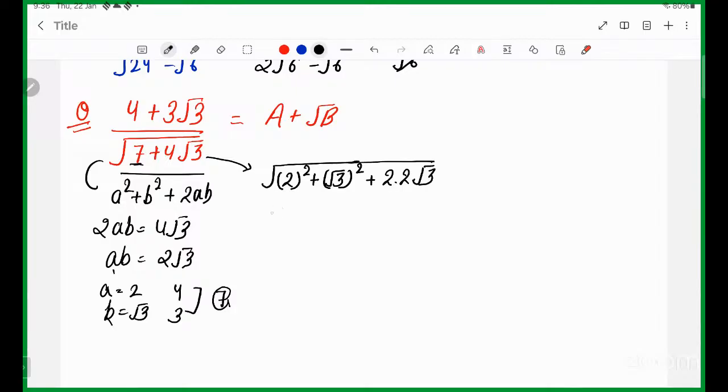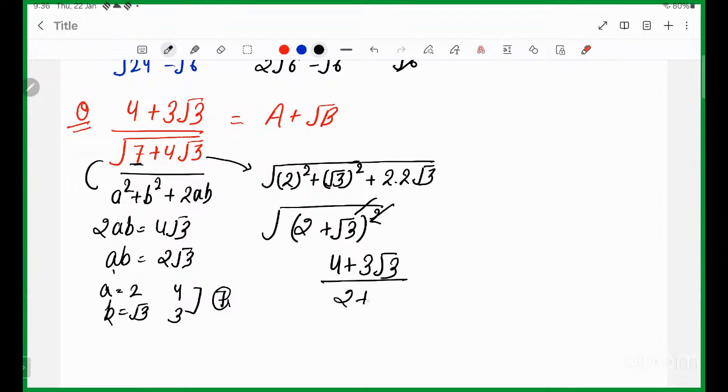So I can write it in the form 2 plus root 3 whole square. Okay, with this the square root will get cancelled out. So the final answer will be 4 plus 3 root 3 divided by 2 plus root 3.